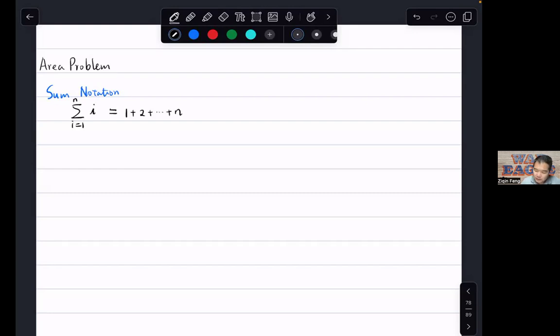So in general, if you have f(i), a function of i, for i being a natural number, the meaning of summation i from 1 to n of f(i) will be f(1) plus f(2) plus all the way to f(n).